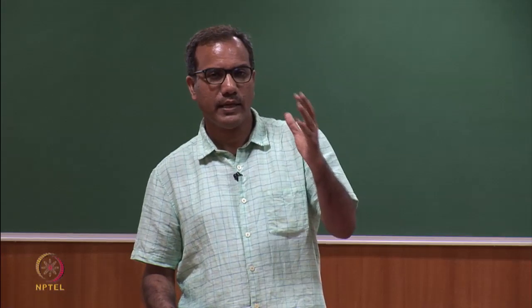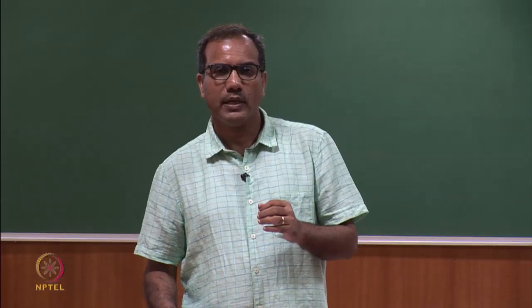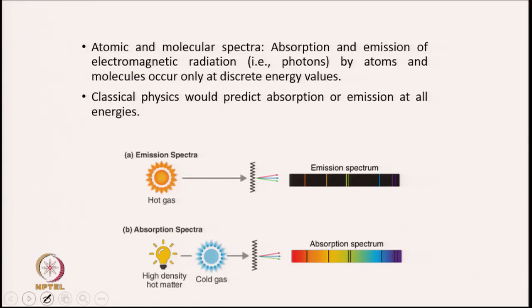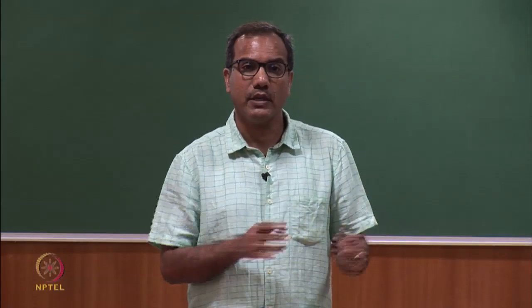So, if you look at the line spectrum, you will see that emission of electromagnetic radiation is happening only at discrete energy values, or emission is of a particular wavelength, not like the emission from the sun.